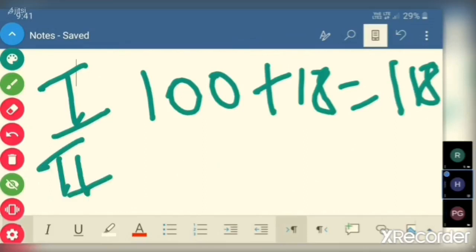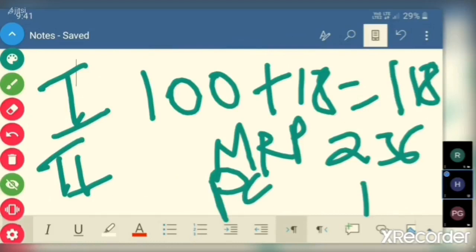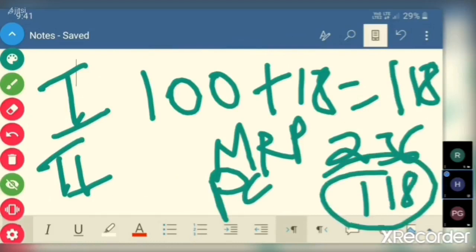Coming to second sale, this will become purchase cost. 236. Now 236, the MRP. Then purchase cost is 118. Purchase cost remains same. We are talking composite scheme versus value-added tax from the angle of second seller.